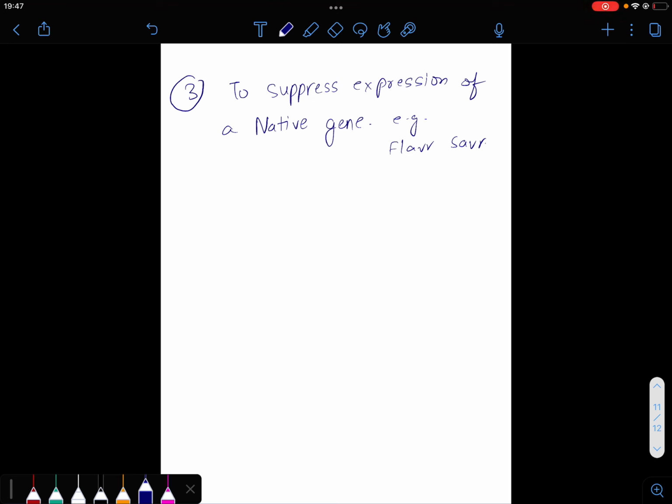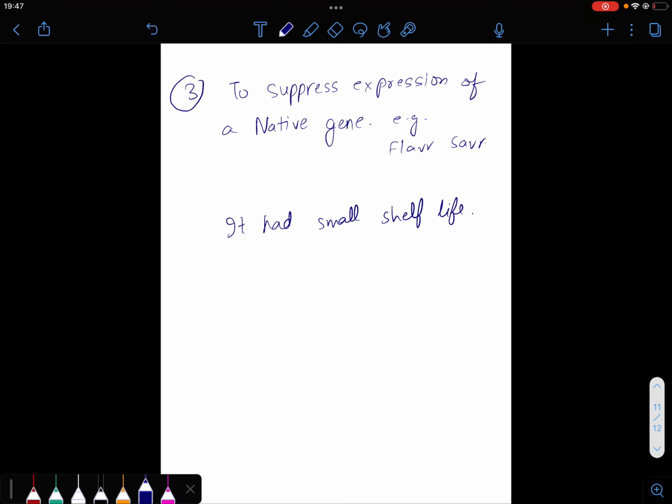There is a tomato and it had small shelf life. So it was not conducive for daily use or for transport to longer distances.